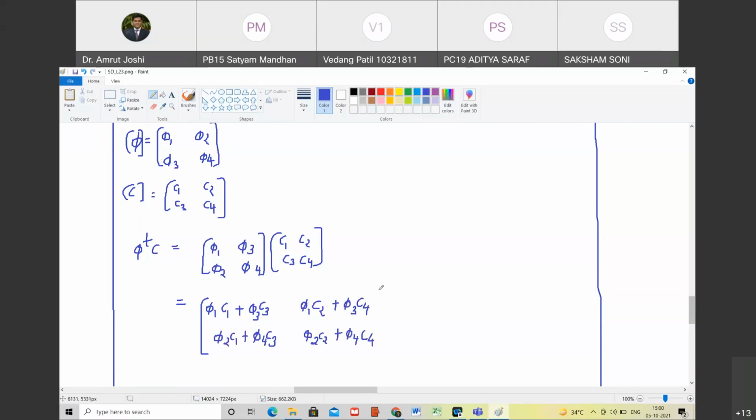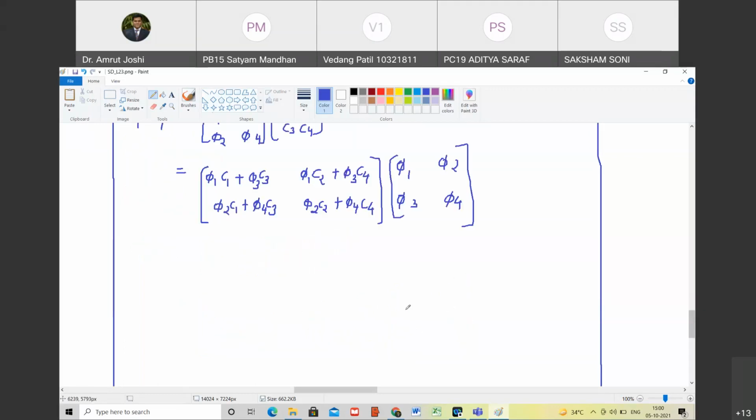This is multiplied by phi, that is phi 1, phi 2, phi 3, phi 4.